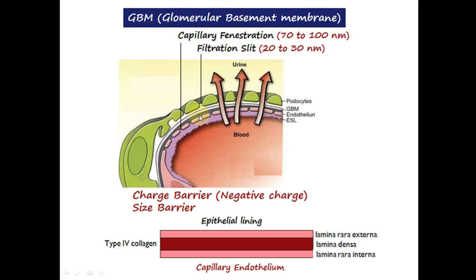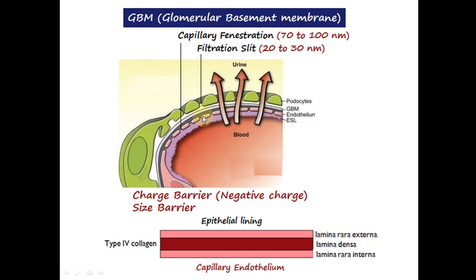Now, this filtrate, after passing through the wide capillary fenestrations, has to pass through the filtration slits, which are formed by the interdigitating foot processes of the visceral epithelial cells, and this is the actual barrier because it is 20 to 30 nanometers in diameter, and molecules with larger size cannot pass through it.